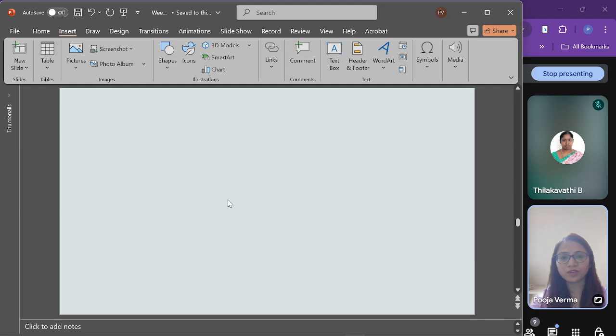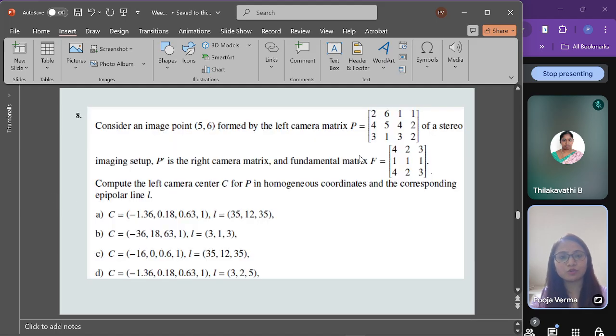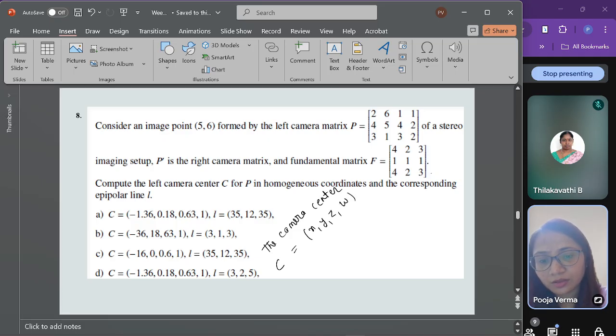So what we need to do first is calculate the camera center in the same way as we have calculated till now. Let's say the camera center C is the null space of P, represented by C equal to X, Y, Z, W transpose.